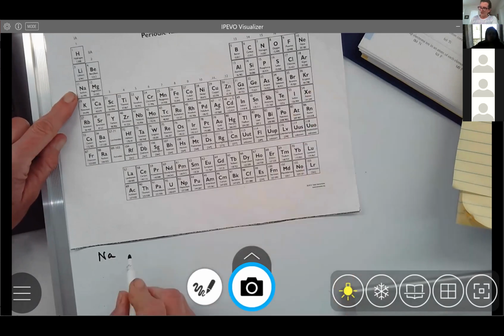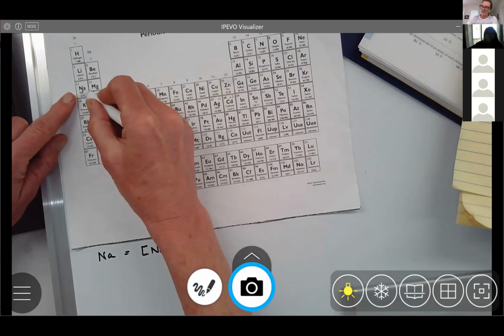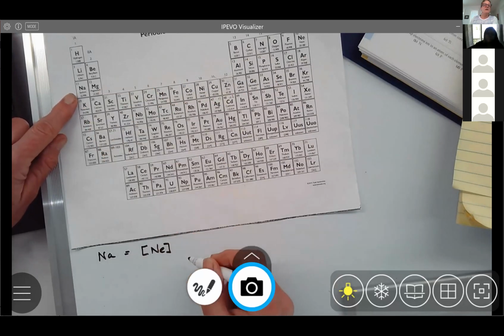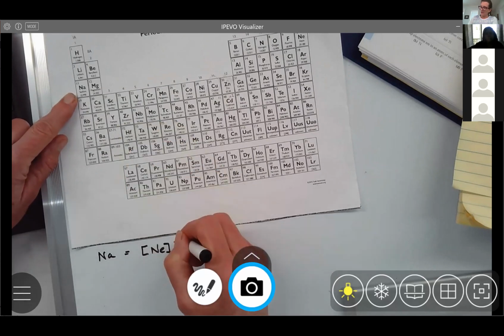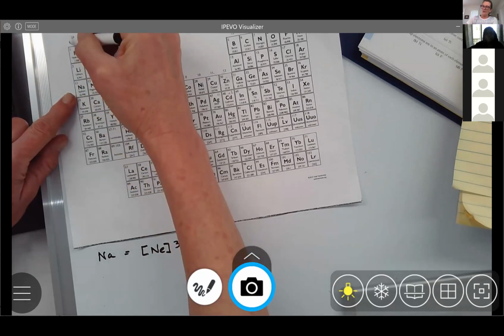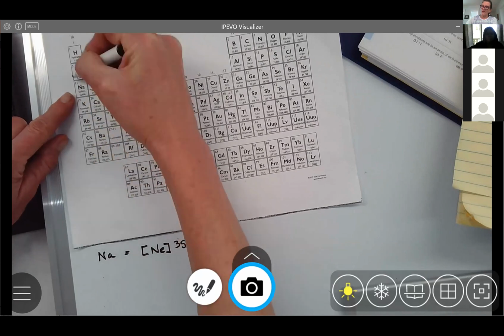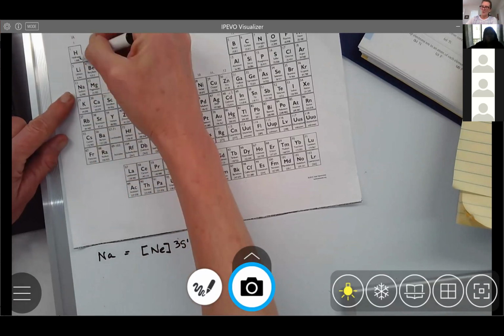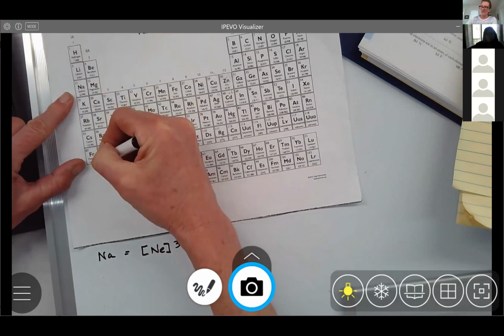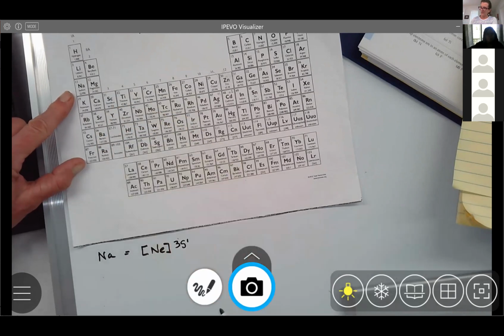So the electron configuration for sodium is neon, and then the last electron added is 3s1. Yeah, because for all of the elements in this column, the last electron added is an s1.